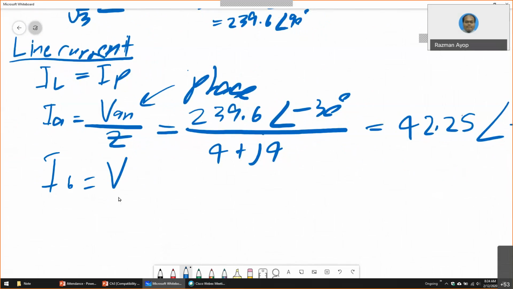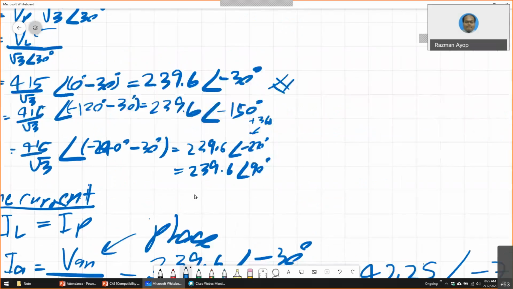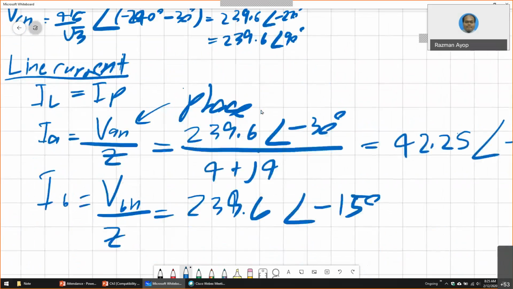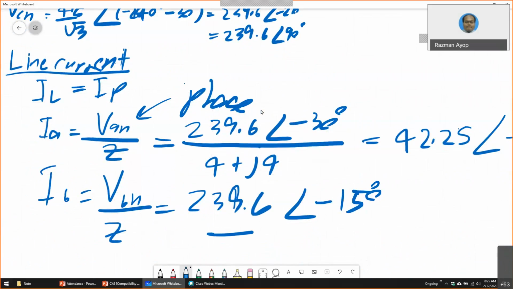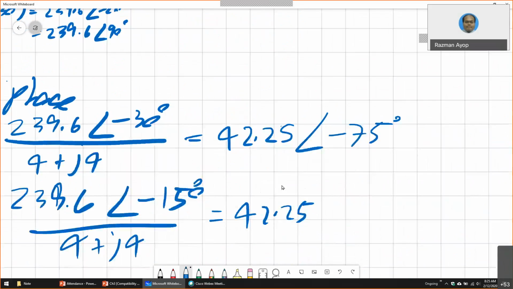IB is equal to VBN divided by Z. So 239.6 angle negative 150, which you get from the second one, again divided by 4 plus J4, equals 42.25.